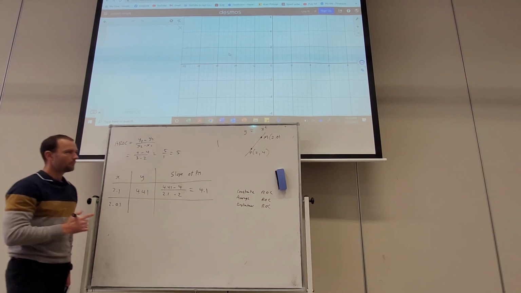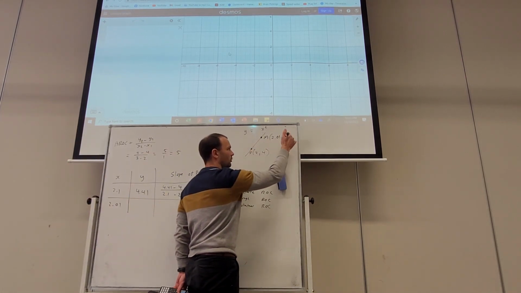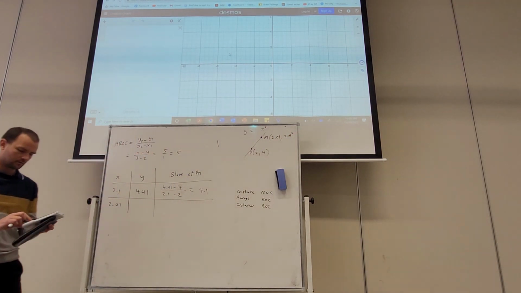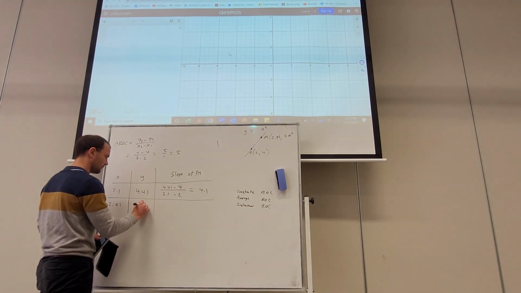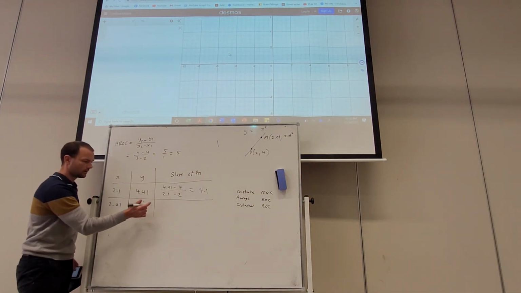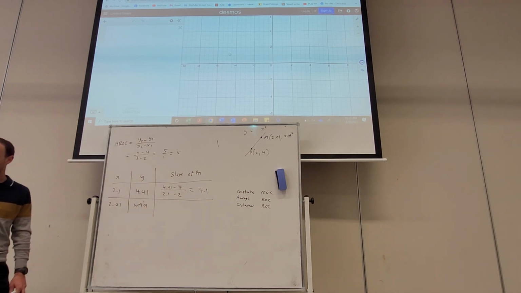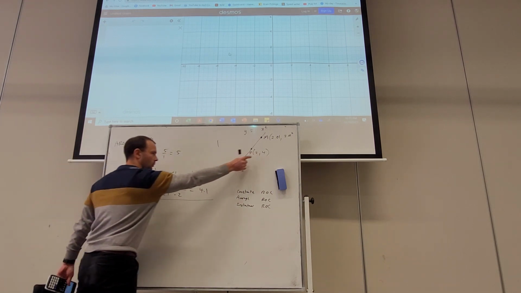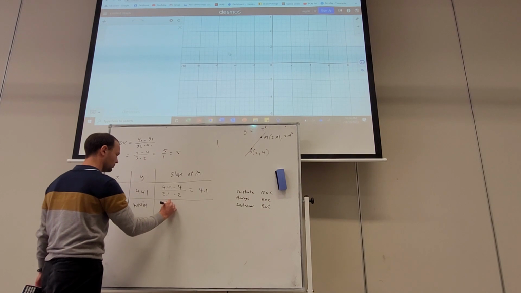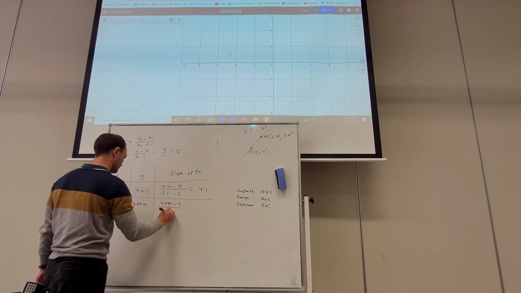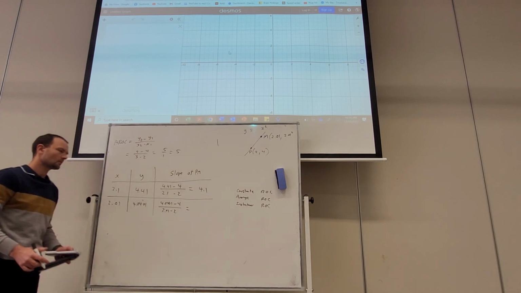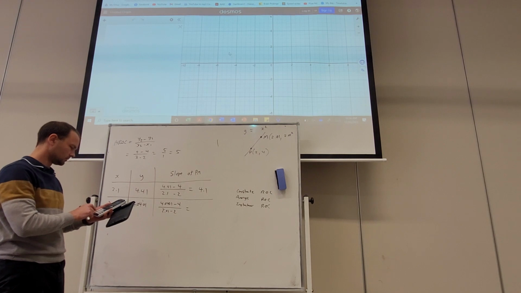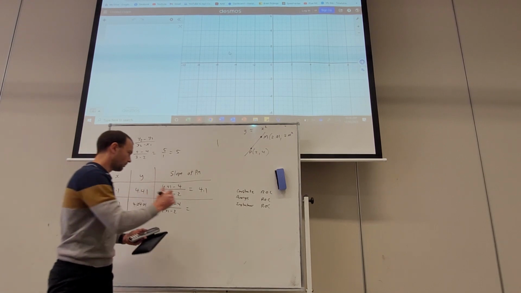So if my x value is 2.01, then my y value will be 2.01 squared, 4.0401. So y2 take y1, we'll have 4.0401 take 4, so we've got 0.0401 divided by 0.01, which is 4.01.